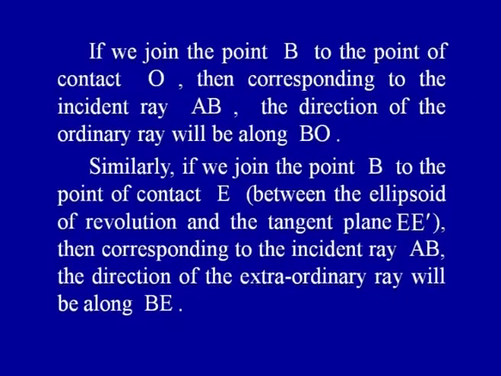If we join the point B to the point of contact O, then corresponding to the incident ray AB, the direction of the ordinary ray in the crystal will be along BO. Similarly, if we join the point B to the point of contact E between the ellipsoid of revolution and the tangent plane EE prime, then corresponding to the incident ray AB, the direction of the extraordinary ray will be along BE.